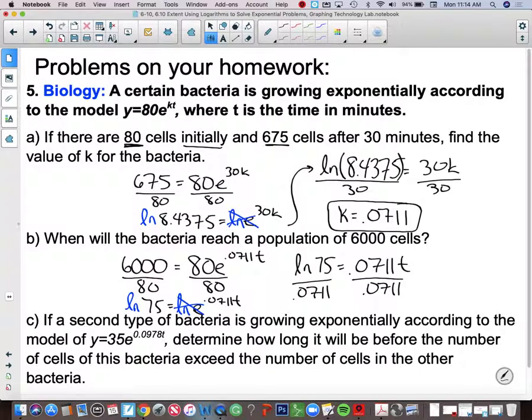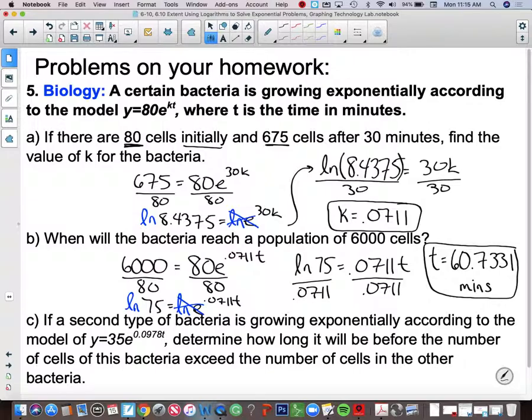And I'm using a better value for k here, so yours might not be exactly like mine. It should be very, very close. So t is about 60.7331. And that is in minutes, okay, because we started with minutes here at the beginning. So after about an hour, we have 6,000 bacteria. So we went from 80 to 6,000 in about an hour.